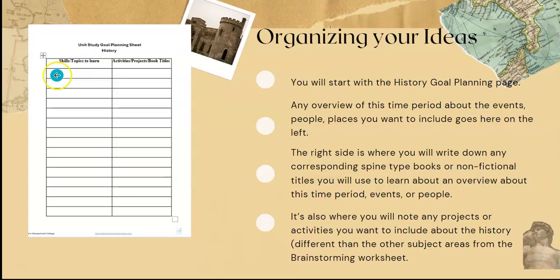So on one side, you have skills and topics that you want to learn. And then next to it, you have the space to write down any kind of activities, projects, or even book titles that you want to use to read together. Most of the time we did our reading together.